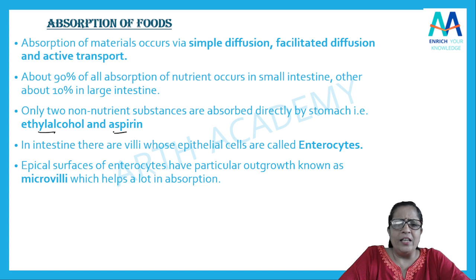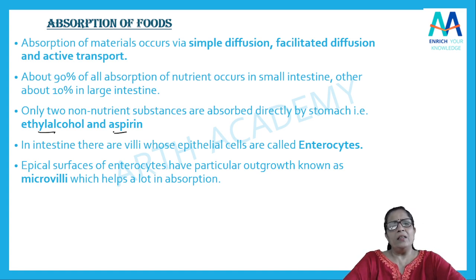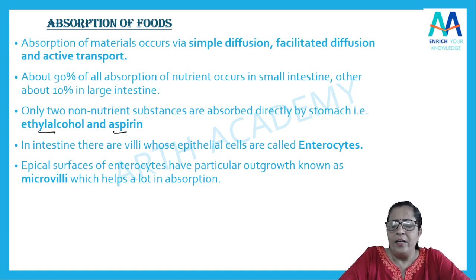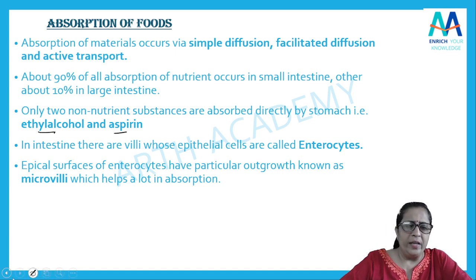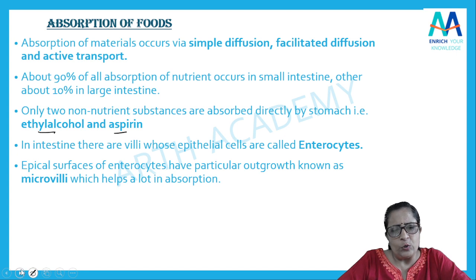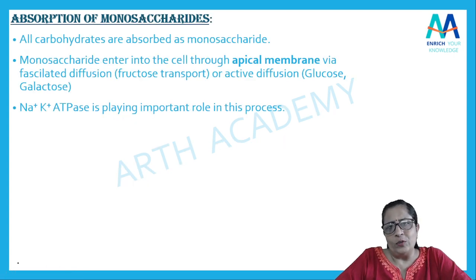You all know these things, when we studied the digestive system in detail, we have seen all these things, isn't it? So the apical surface of the enterocyte has microvilli, and these microvilli help in absorption.